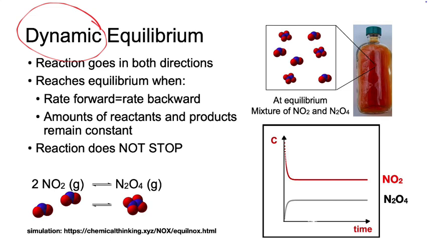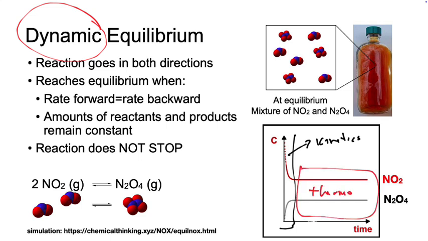It's not changing. It's constant. And if that's constant, we don't care about it anymore because rate is how fast it happens. So our kinetics chapter cared about that initial part, and our thermodynamics cares about this part. Kind of, sort of.